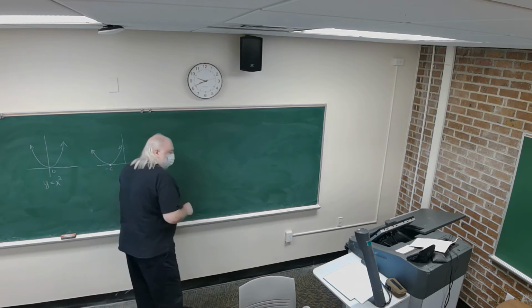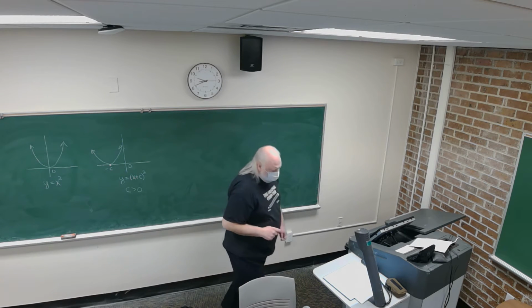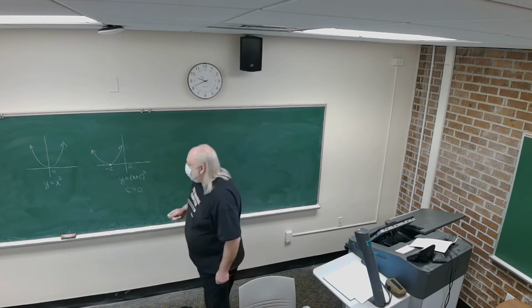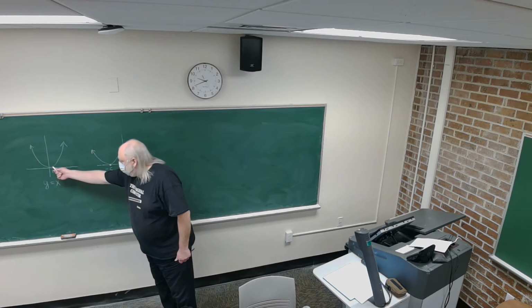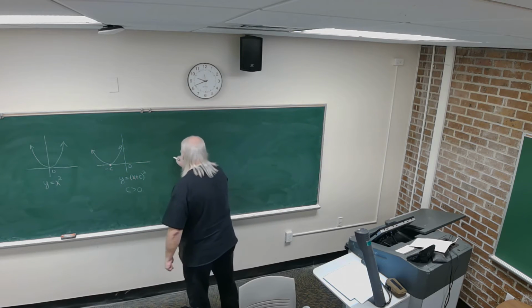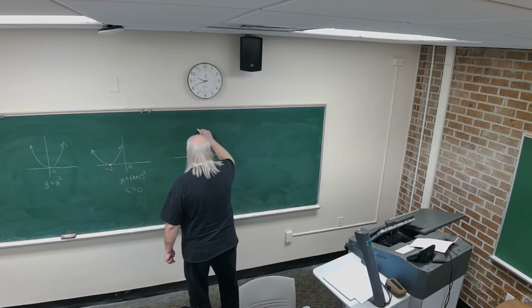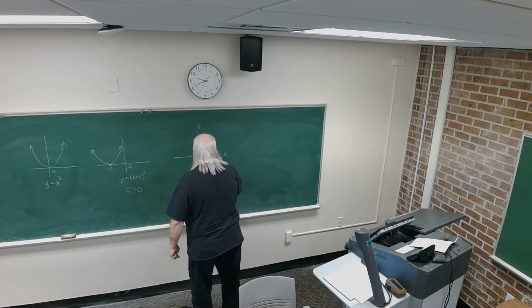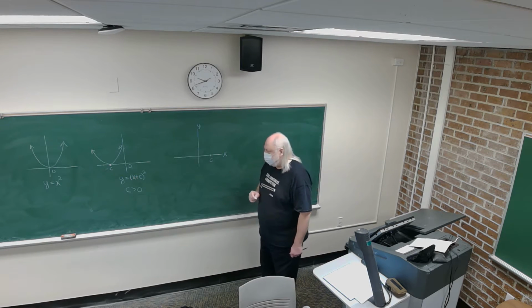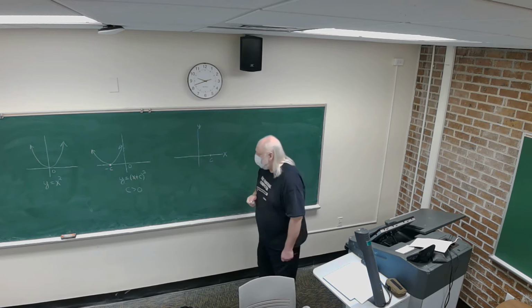And then similarly, number 4, we replace x in f of x with x minus c. That has the effect of shifting the parabola to the right c units. So here's c on the x-axis, our positive real number.